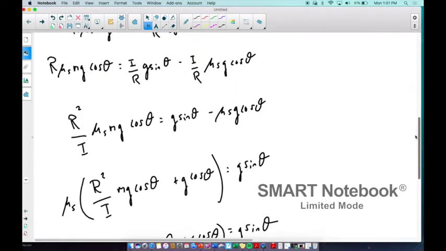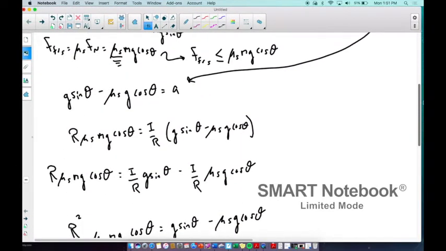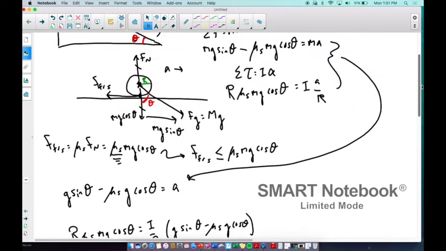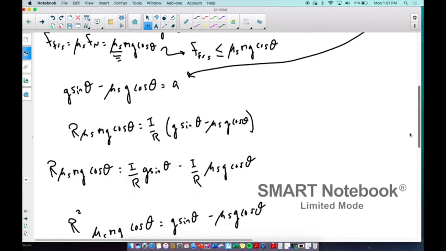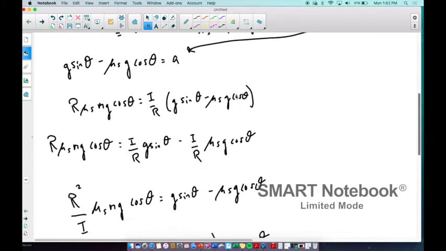Okay, so let me explain what I've done so far. All I am trying to do is get an expression for the coefficient of static friction from these two equations. So I just divided m out to get a equals blah, plug that in here. Now I have one expression that looks just like this. And I'm just trying to rearrange to solve for mu s.